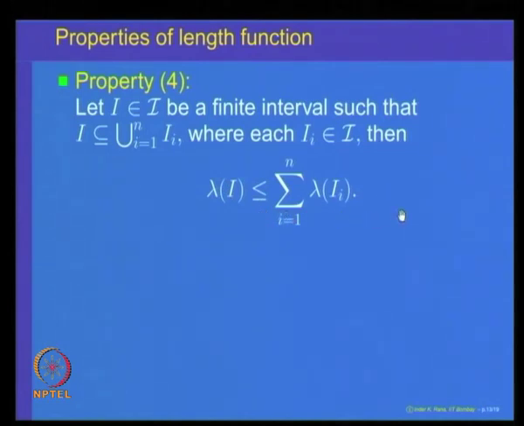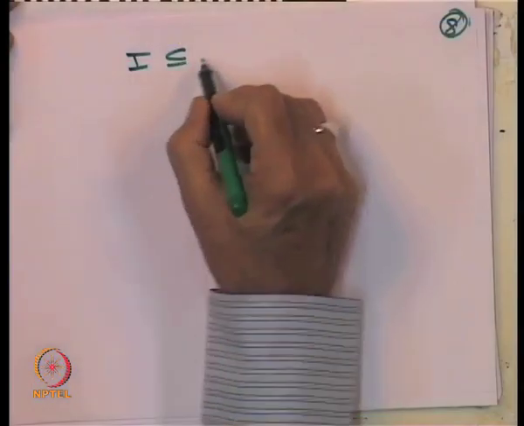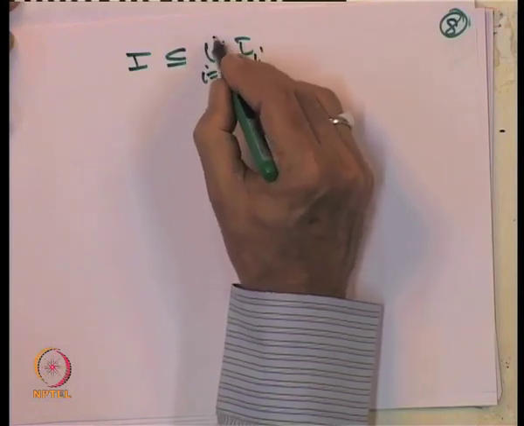Let us look at a proof of this. The proof of this is once again similar to the earlier property. So, let us say I is contained in the union of I_i, i equal to 1 to n.